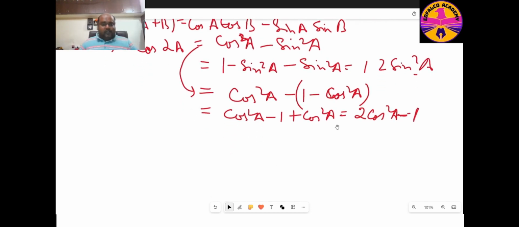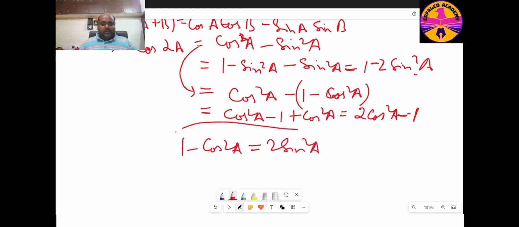So here now we see this is 1 minus 2 sin square a, right? So cos 2a is equal to 1 minus 2 sin square a. From there you can directly say 1 minus cos 2a is nothing but 2 sin square a.